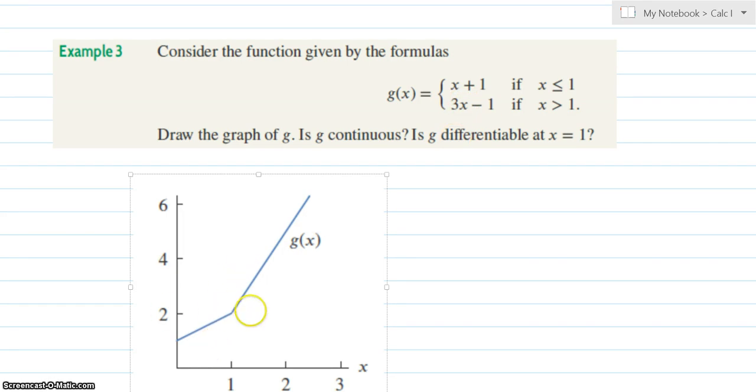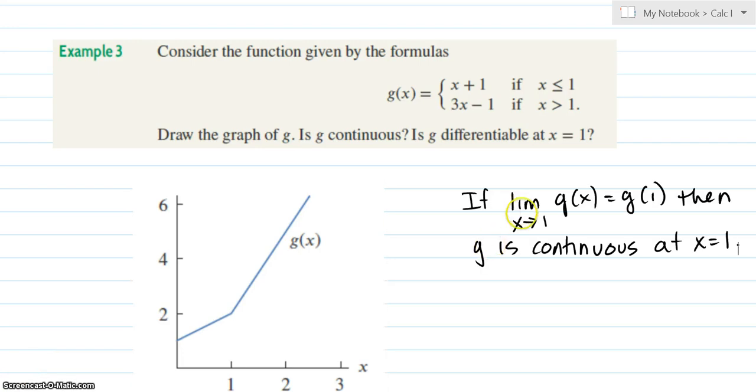So you can see it's continuous. If you remember from continuity, we just looked at the limit as x goes to 1 of the function value and whether it equals f of 1. And it does, because we look at the left, it would be this function. So that would be 1 plus 1, which is 2.